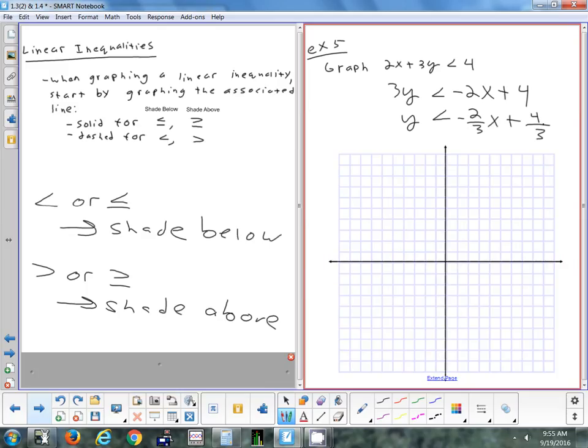Okay, my y-intercept, it's a little messy, 4/3 is 1.3, estimated. And my slope says go down 2, right 3. And I'm going to put in a dotted line. And would I shade above or shade below? Shade below. This is a less than. Shade below.